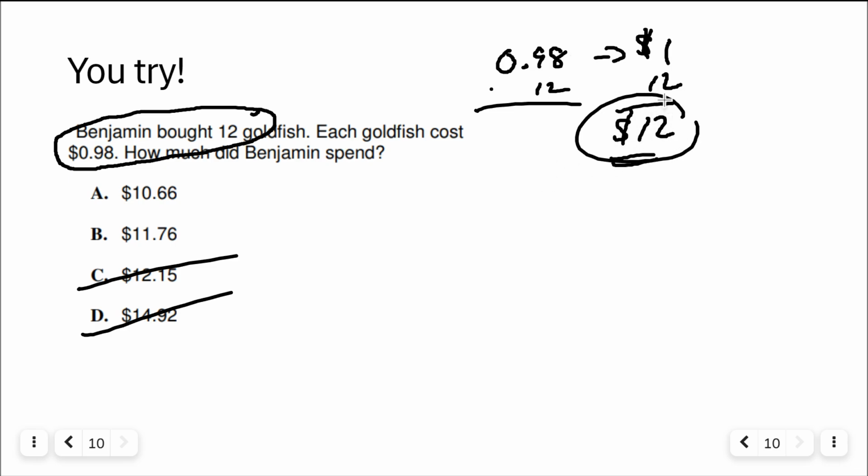So just over $12 will be just over the right answer, right? Because each one is 98 cents. It's 2 cents under that. Which one's the closest to $12 without going over? B. That's the answer, 11.76. And if you can multiply 0.98 by 12, you're going to get 11.76. But you don't have to, because that's the easiest way to come up with it, and it's multiple choice.